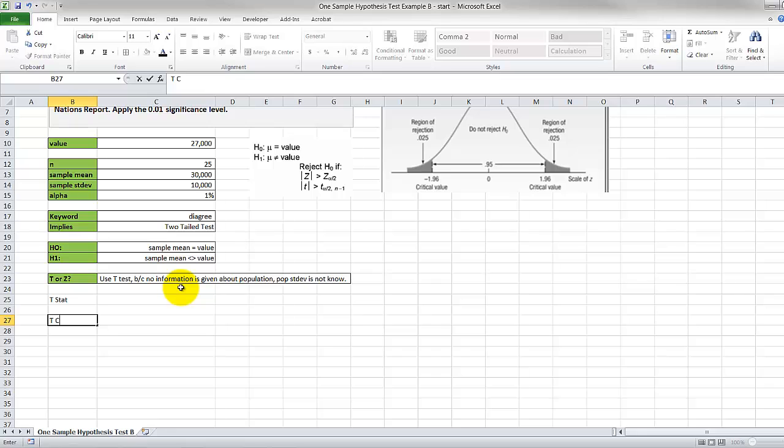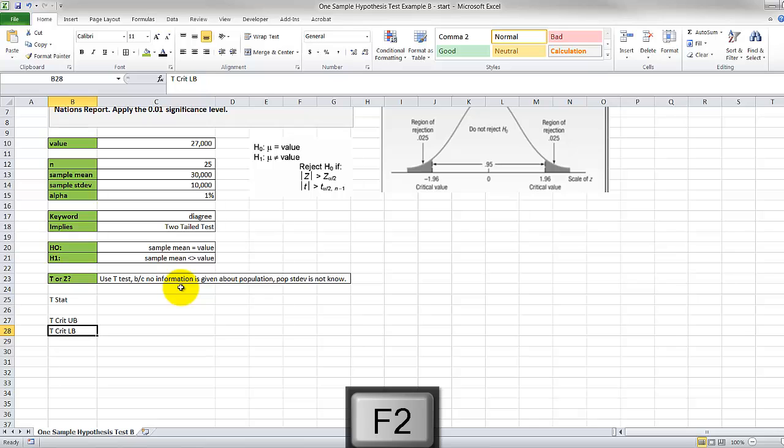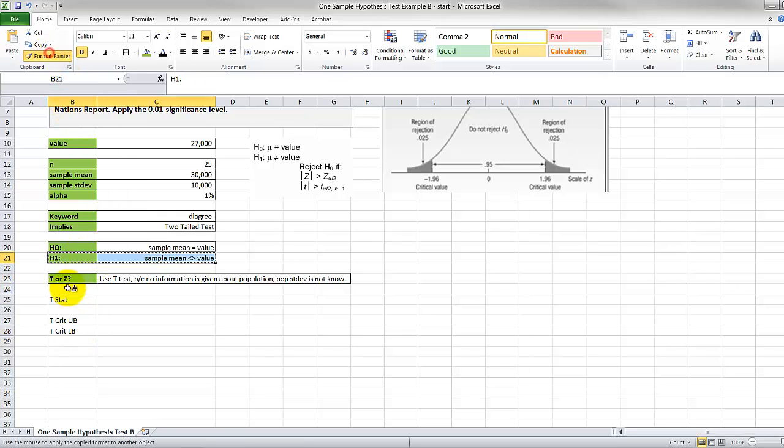So let's call this T critical upper bound, if you will, and T critical lower bound. Let's call this LB and UB, upper bound and lower bound. Lower bound refers to the most negative on the left side, and upper refers to the most positive, the right hand side. Okay, so let's go ahead. I'm going to go ahead and apply some formatting here.